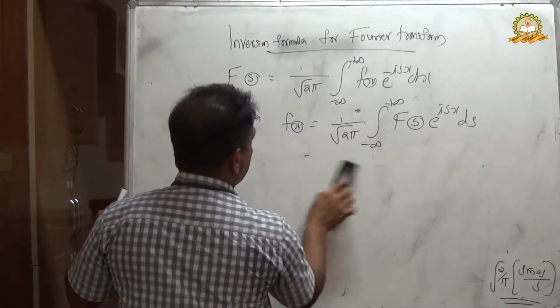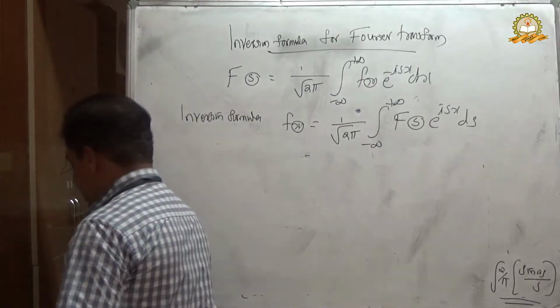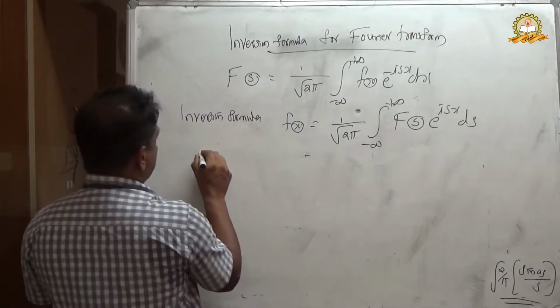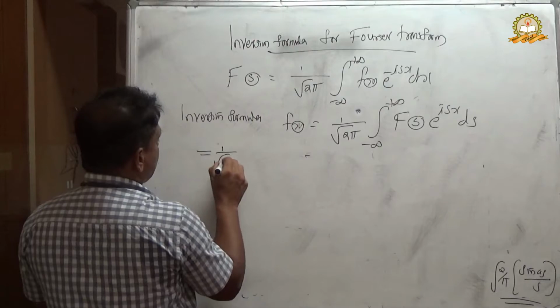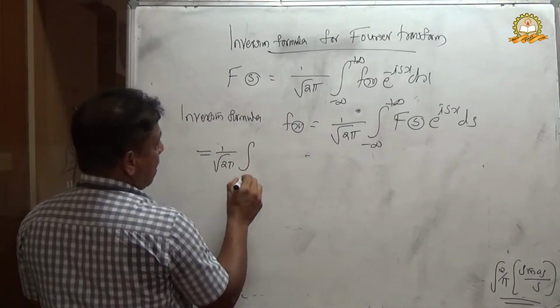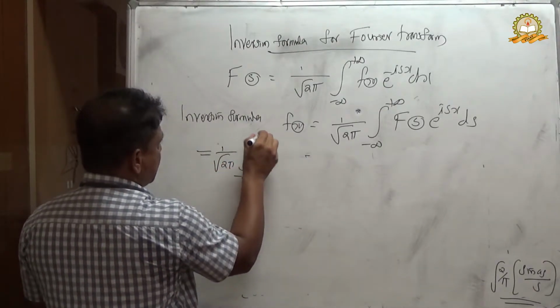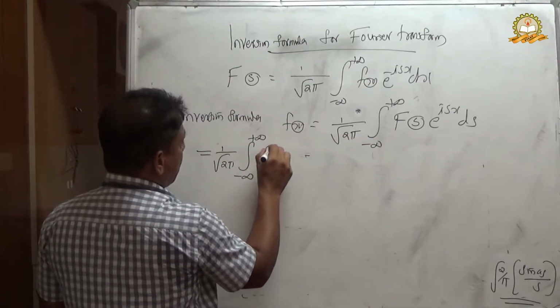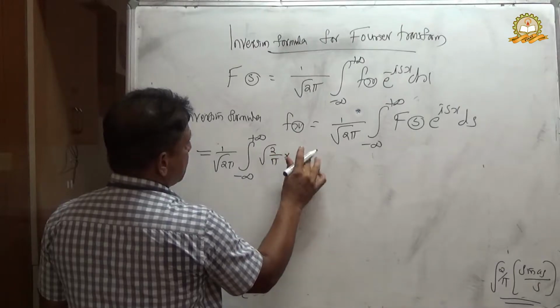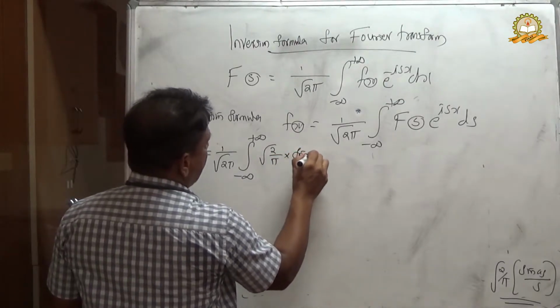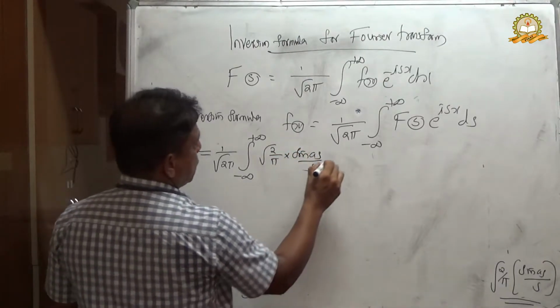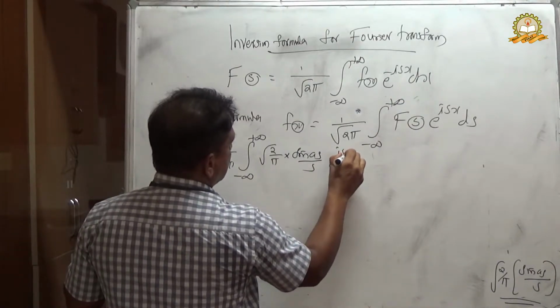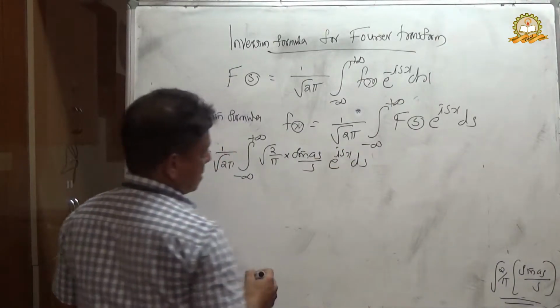Therefore, f of x is 1 by root of 2 pi integral from minus infinity to plus infinity of f of s, which we already discussed, root of 2 by pi into sin as by s, into e raised to isx ds.